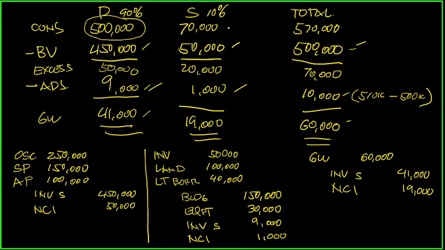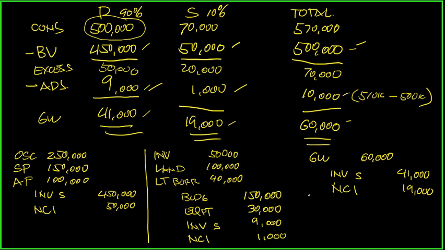What about the 70,000? 50,000 for the book values, 1,000 for the adjustment, and 19,000 for the goodwill. So, how much is the total goodwill in your consolidated FS? Under full goodwill, it's 60,000. Pag partial, it's only 41,000. Okay po. So, ayun. Kung partial, wala na po ito. Yan, wala na po yan.